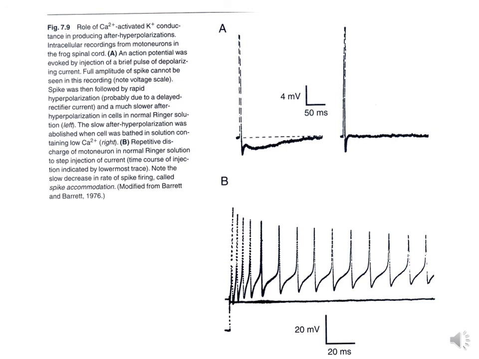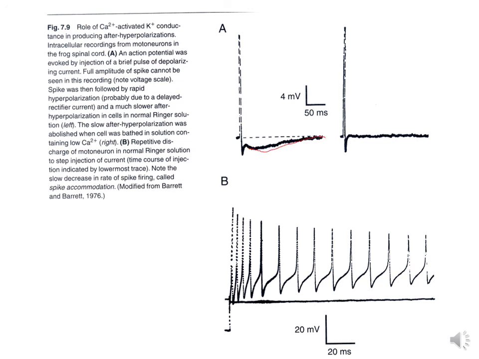There are many important roles of these calcium activated potassium channels. For example, it is now well known that many of these channels evoke what we call afterhyperpolarizations. That's what can be seen here in A: following a single action potential of the cell, there's this long hyperpolarization.